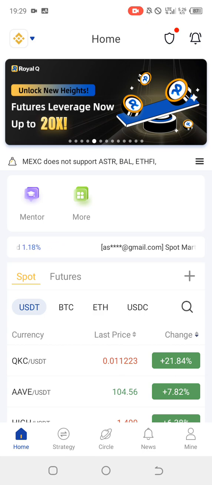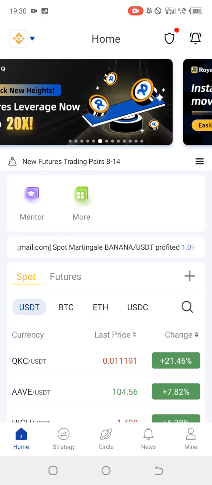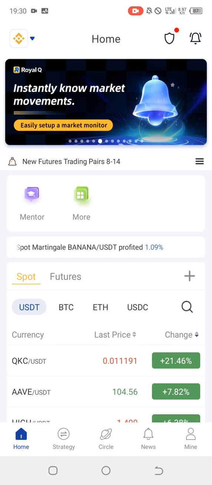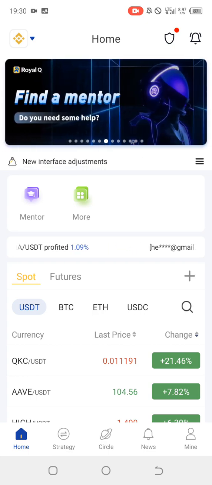In the past few weeks and days, Royal Q has been adding new features to enhance our trading.